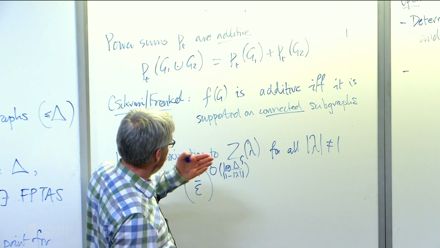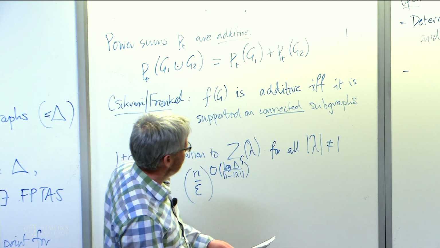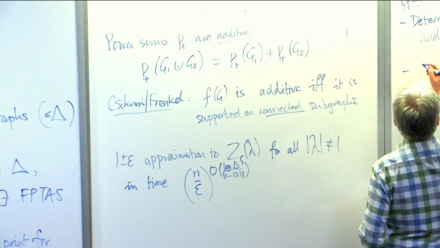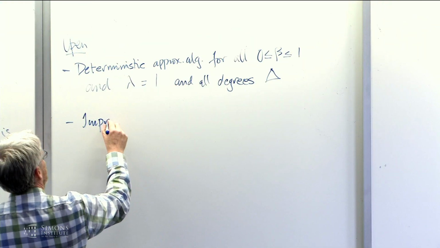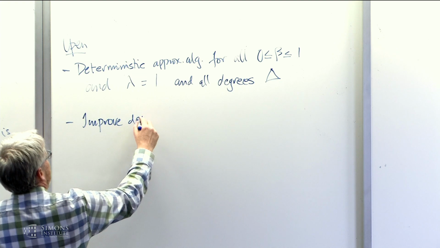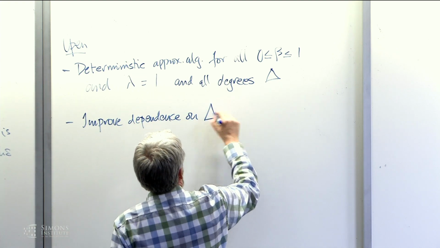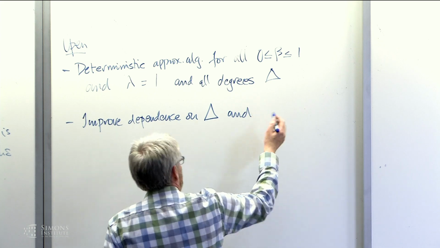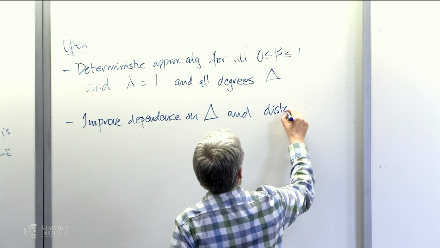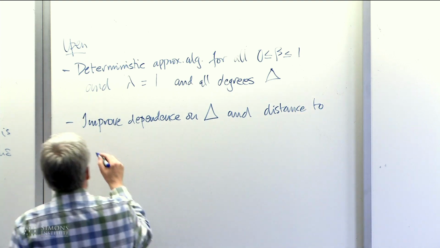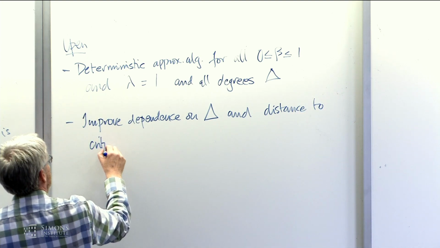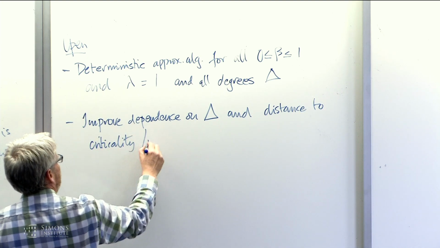Even if the running time might grow with them, maybe we can improve that dependence on delta and distance to criticality, or roots.